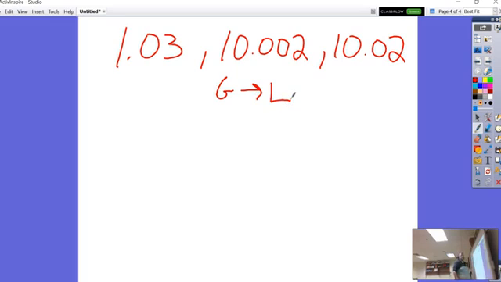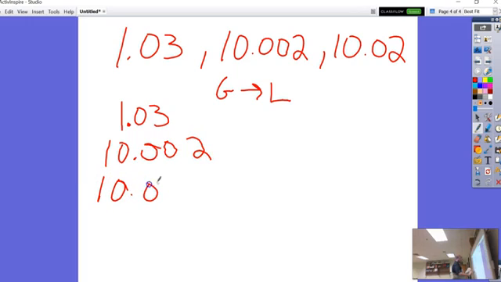Make sure you are lining up the decimals. Again, you want to make sure that you fill in all your empty spaces so every number has the same number of digits. I need to plug in zeros there. Everything now has 5 digits.